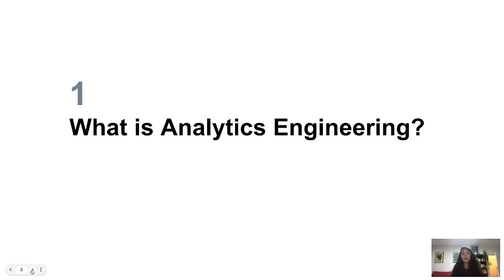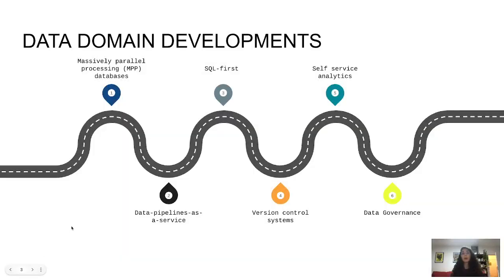In order to answer this question, we need to look back a few years to the latest developments in the data domain. We've seen how cloud data warehouses like BigQuery, Snowflake, or Redshift lower the cost of storage and computing. How tools like Fivetran or Stitch simplify the ETL process.